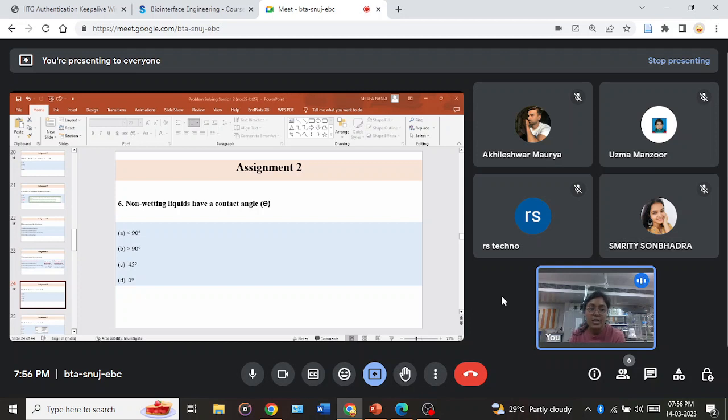Anyone would like to answer this question? We have been asked about the contact angle in case of non-wetting liquids. So think about a surface, and when you pour a non-wetting liquid over it or a wetting liquid over it, what can be the contact angle between the interface of this liquid and the surface?